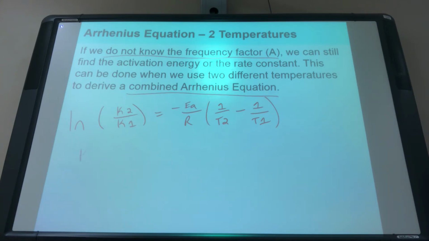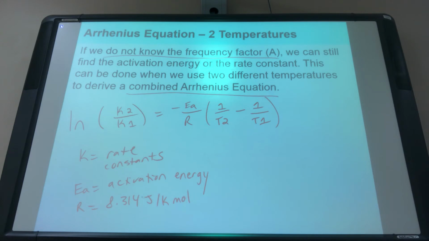So K's are still your rate constants. The 1s might be for the initial, and the 2s might be for your final condition. EA is still the activation energy that we've been talking about. R is your gas constant. If this is energy, it's going to be the one that has the energy, so 8.314 joules per Kelvin mole.